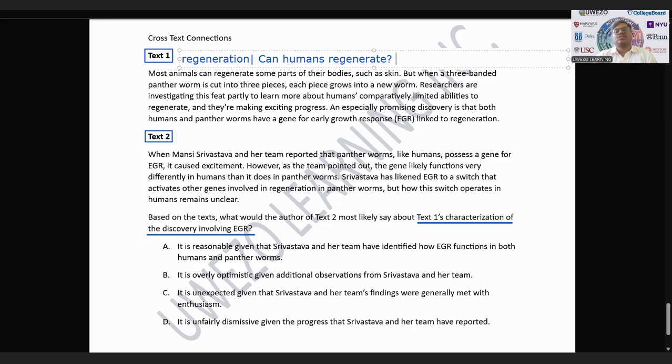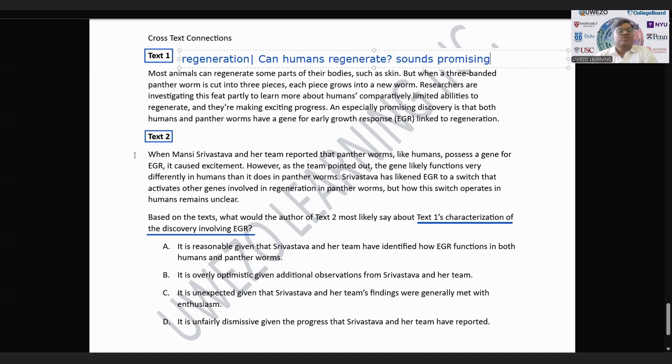And the text also says that this sounds promising. So the entire passage can be put into just these three points. Can humans regenerate? And whatever research had been done so far, that research indicates that it is quite possible. Now we need to understand what text 2 has to say about it.